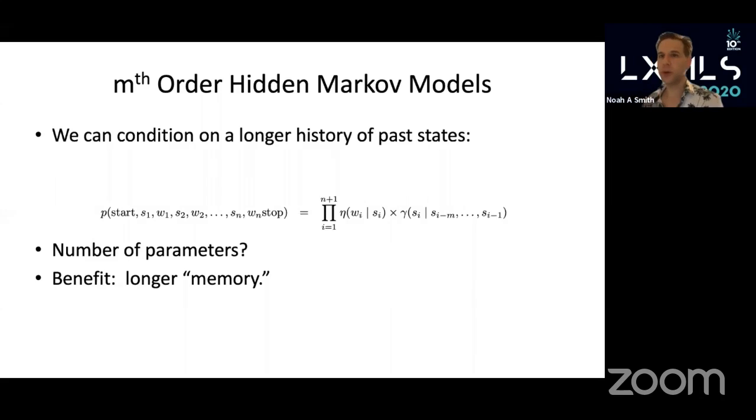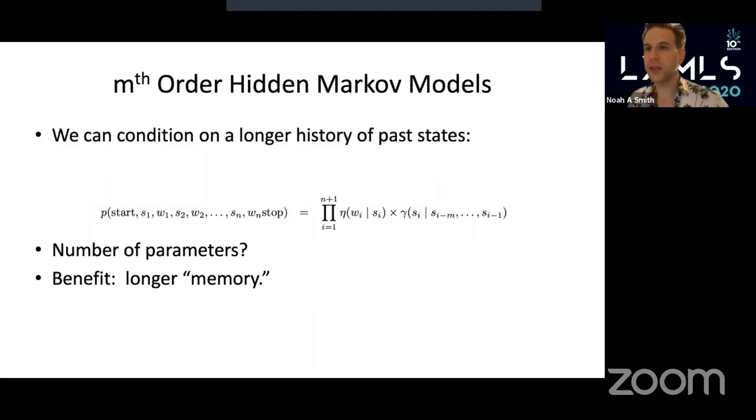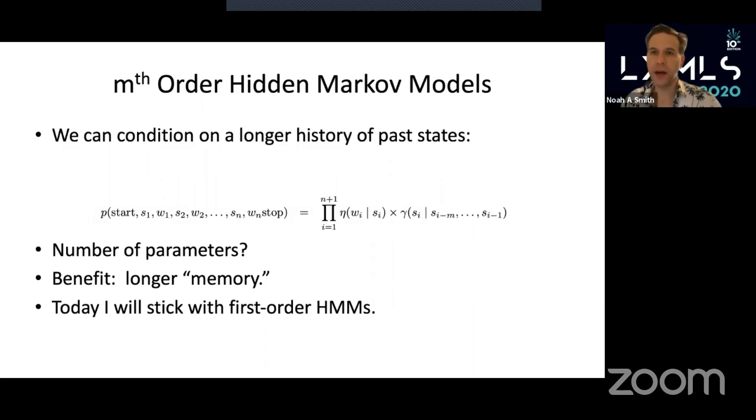And the benefit of doing this, of course, is that now you have longer memory and the words are effectively influenced by longer and longer histories, although only through the current state. So you still have a capacity limitation that comes from the number of states that you put into your model. I'm going to stick with first order HMMs today because they make all of the notation a lot easier and they give you all the intuition you need. But everything I say will generalize to higher order HMMs, and mostly that'll be left as an exercise.